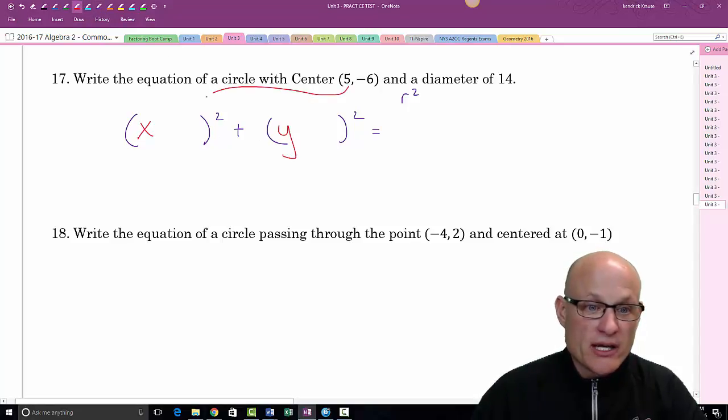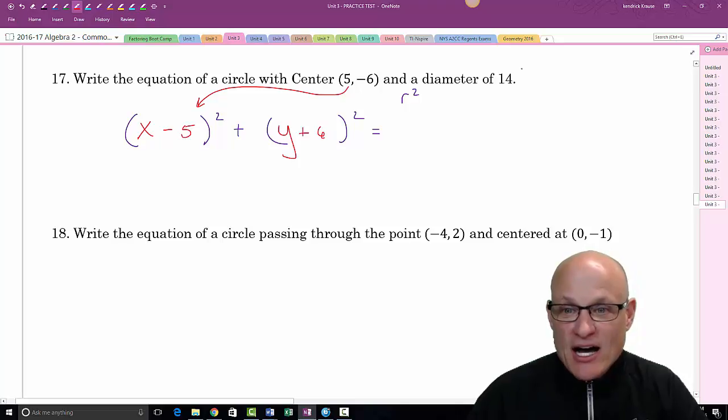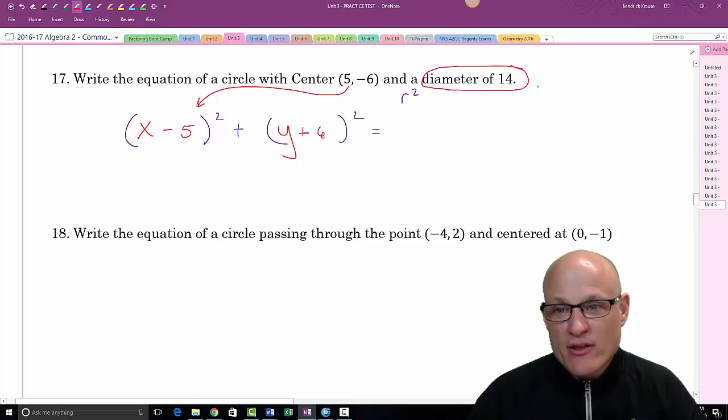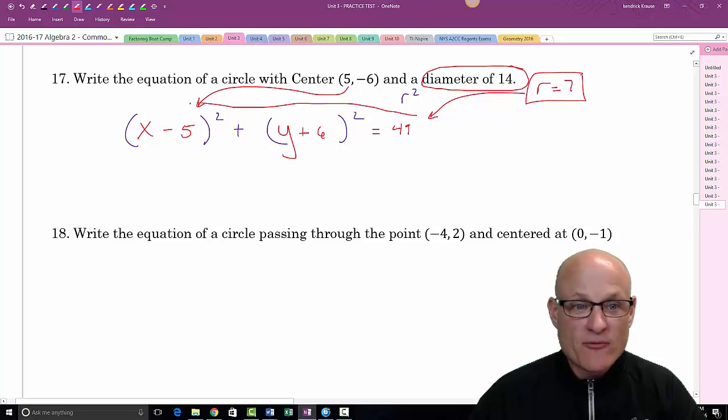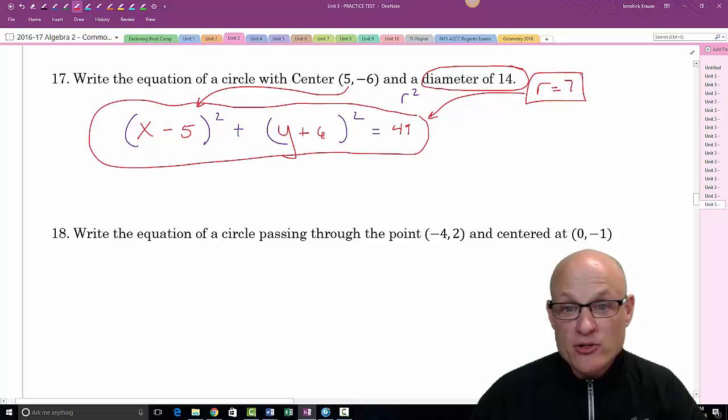Remember, they go in opposite. x minus 5, y plus 6. Now, here's the trick. I didn't give you the radius. I gave you the diameter. Therefore, the radius is equal to 7. Therefore, what goes here is 49. Just be careful of the wording. You never know, could be a jerk.